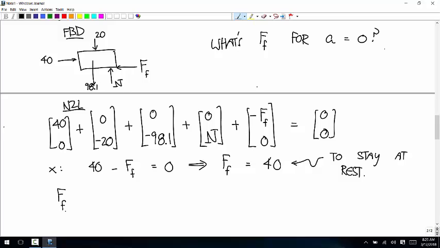The maximum force of friction is equal to the coefficient times the normal.